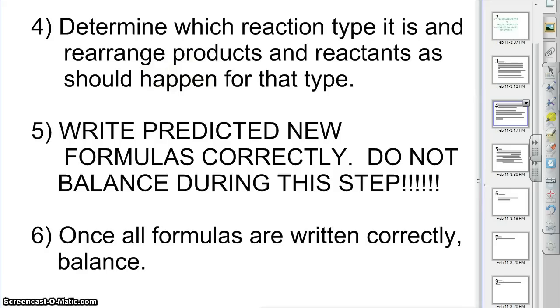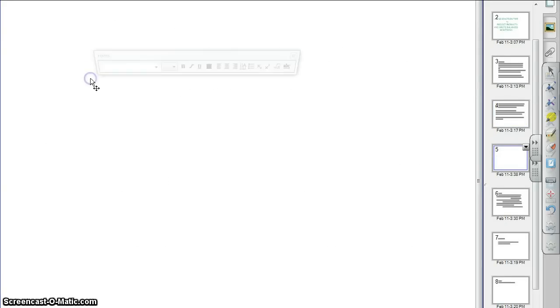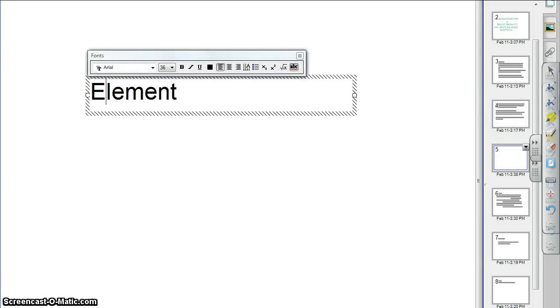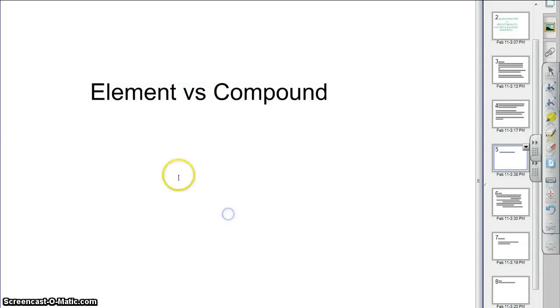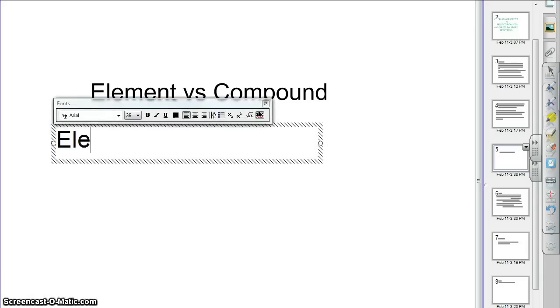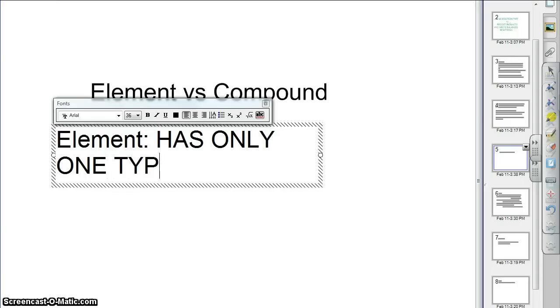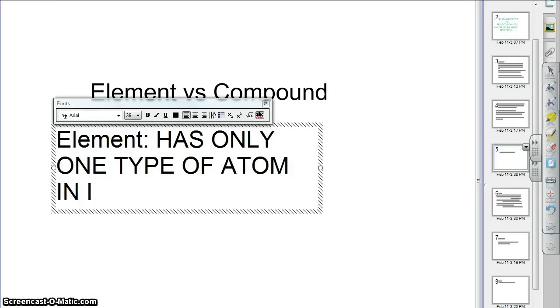Oh wait, there's one more thing we need to talk about. We need to talk about an element versus a compound. An element has only one type of atom in it.